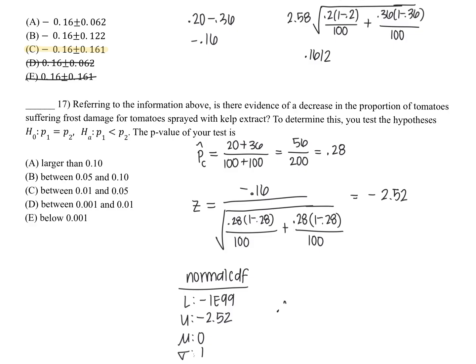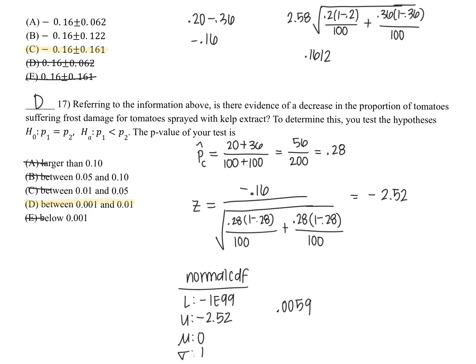And we get 0.0059 as our p-value. So now I just have to figure out where it falls. It's not going to be larger than 0.10, and it's not smaller than 0.001, so the answer ends up being D.